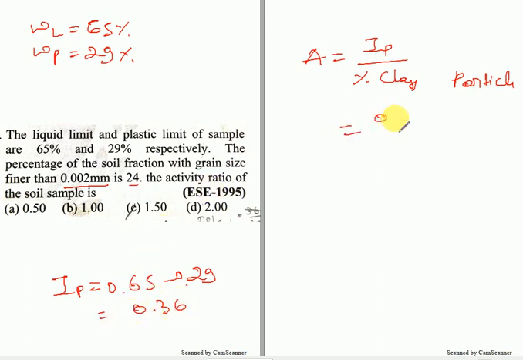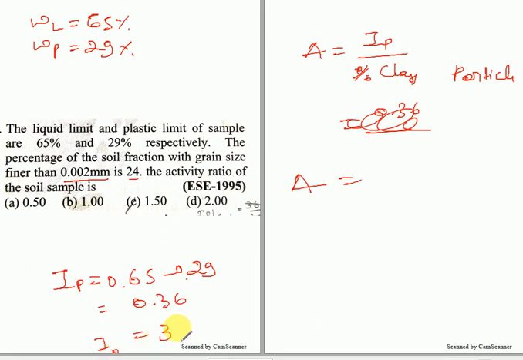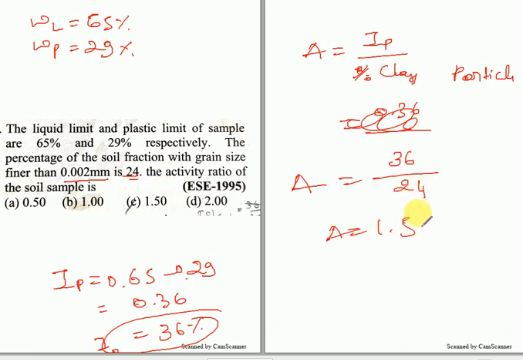Since this is in terms of percentage clay particles, I will take IP in terms of percentage, which is 36%. So 36 divided by 24 will be 1.5. Activity number will be 1.5, then the answer is 1.50.